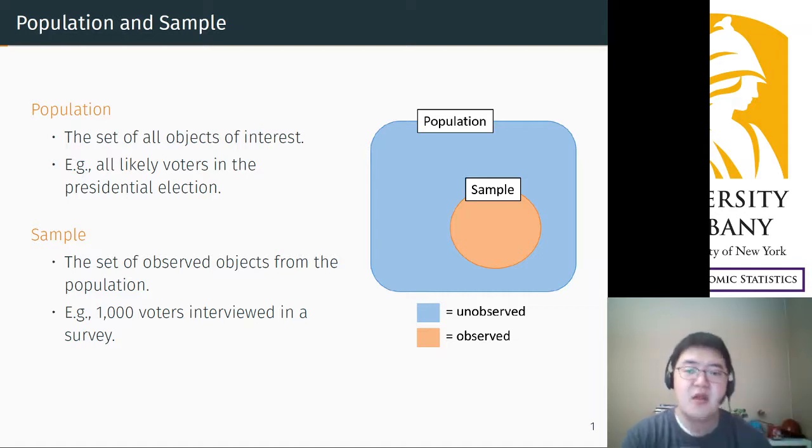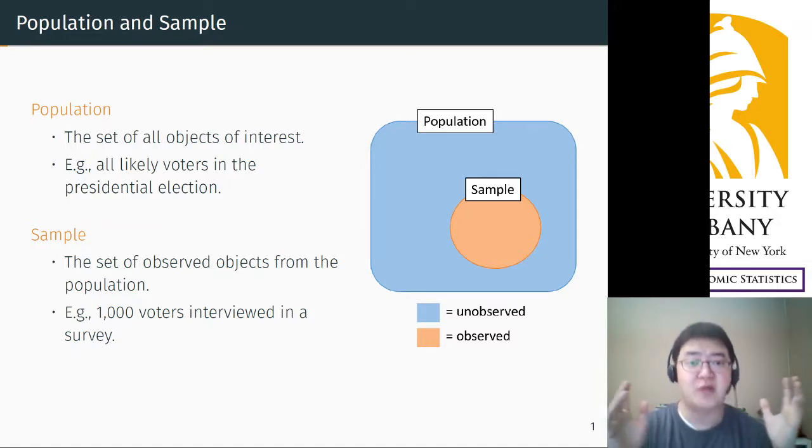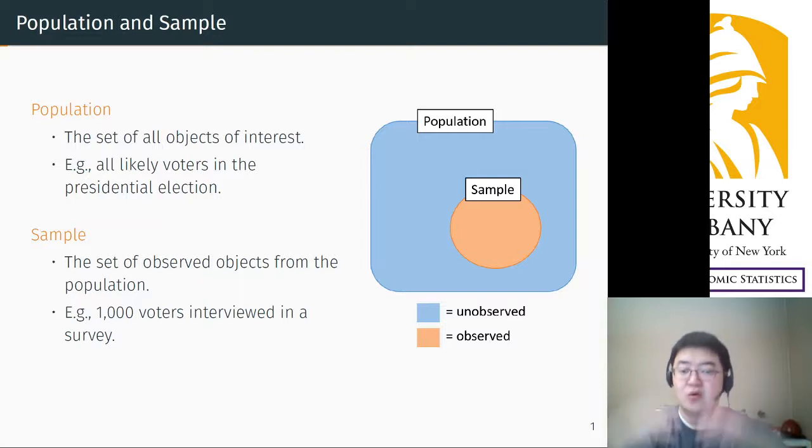So, for example, a certain number of voters are surveyed, like 1,000, depending on the funds available to the researcher. 1,000 is a large number, but still that is just a part of the population. Of course, as the sample size increases, your estimation will be more accurate. That's obvious because you know a larger part of the population, right?